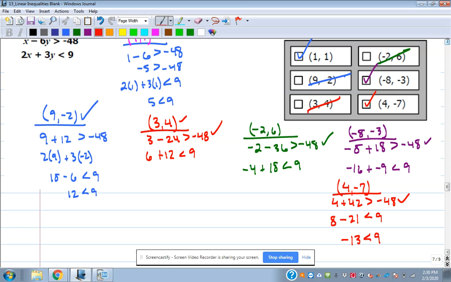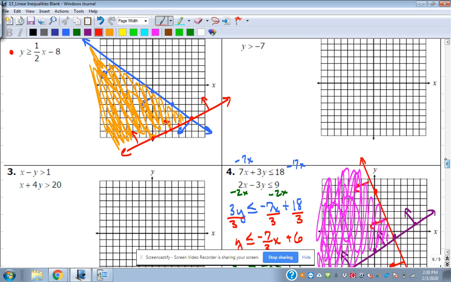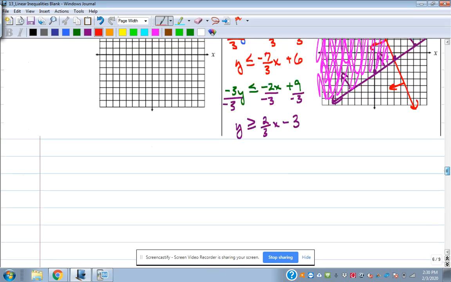I think you're just as quick at plugging them back in to decide that. But the idea would be that you would look at a graph that looks something like this and see which of the ordered pairs listed are in the solution area. That's one other alternate way of solving that. Not the way that I would probably go about it, but it does work.